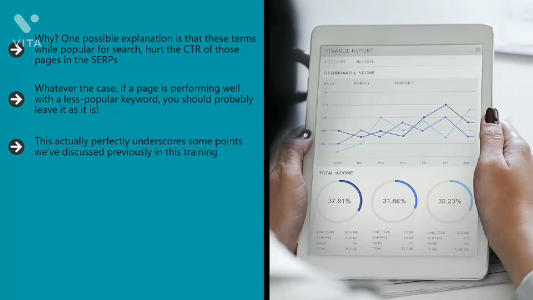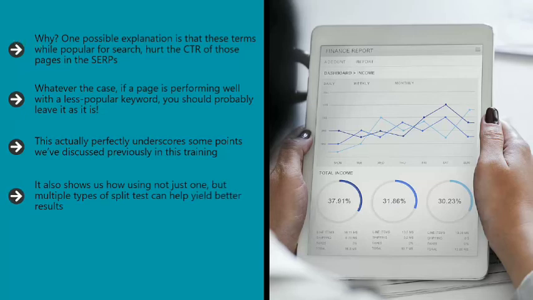This actually perfectly underscores some points we've discussed previously in this training. For one, the multivariable nature of SEO and Google's algorithms means that while a recommendation might sound good on paper, it doesn't always translate in the real world, especially now that Google pays close attention to signals from users, such as bounce rate and CTR. It also shows us how using not just one, but multiple types of split tests can help yield better results.